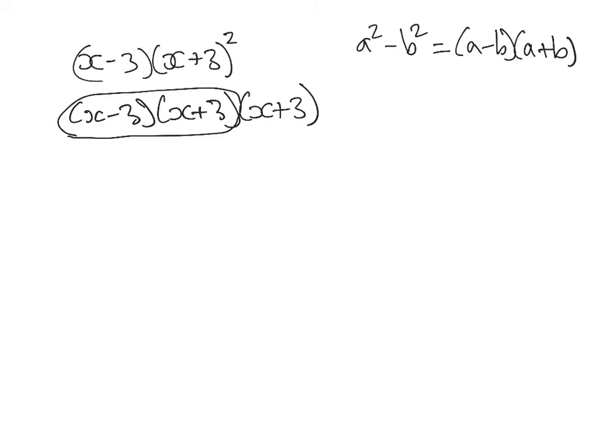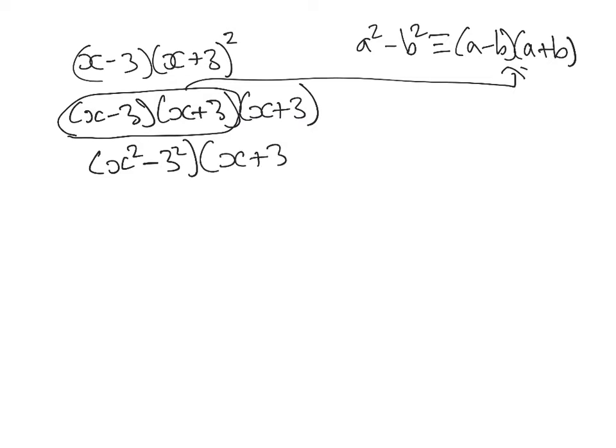So if you can see, this thing here looks like that, okay? We use the 3 equals there because it's an identity. So if that equals that, we can write what's on the left-hand side. So we can straight away write here x squared minus 3 squared times x plus 3. So that becomes x squared minus 9. That's x plus 3.